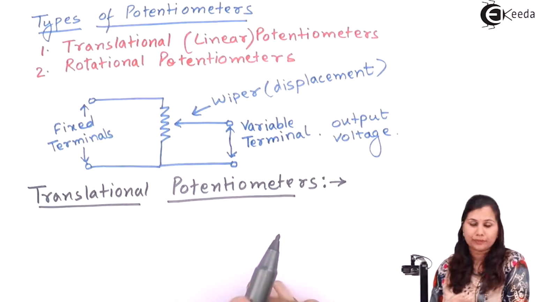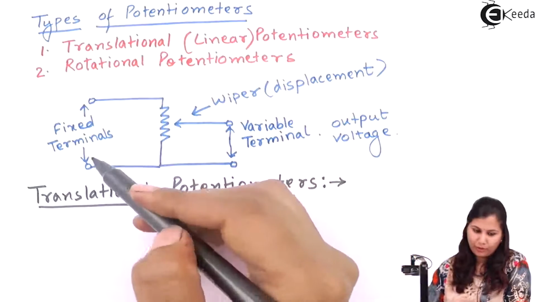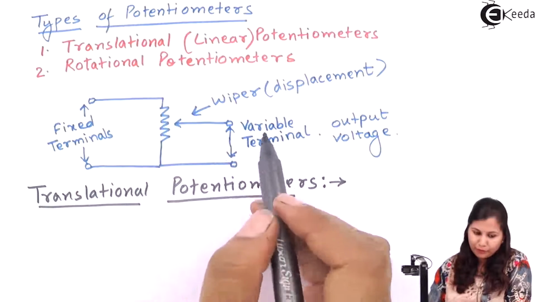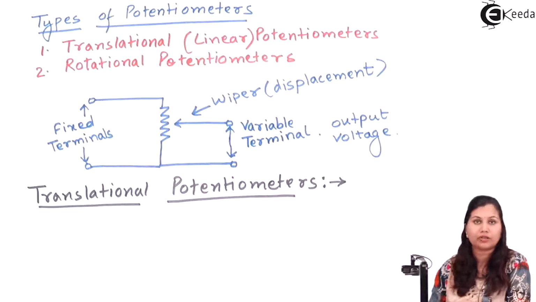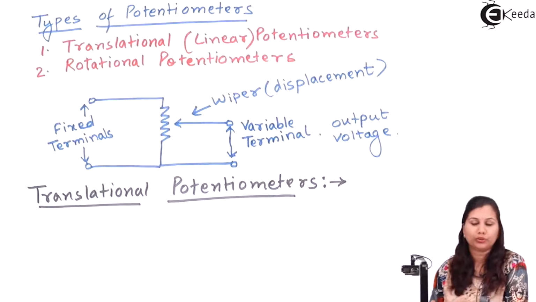In translational potentiometers, when voltage is applied across the fixed terminals of the potentiometer, the output voltage, which is measured across this variable terminal, is proportional to the input linear displacement.